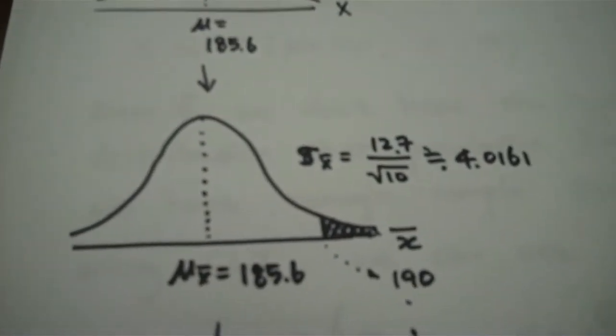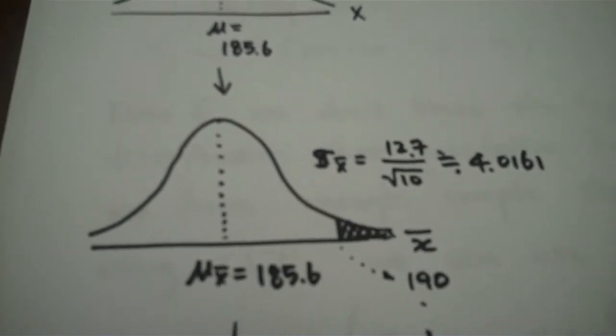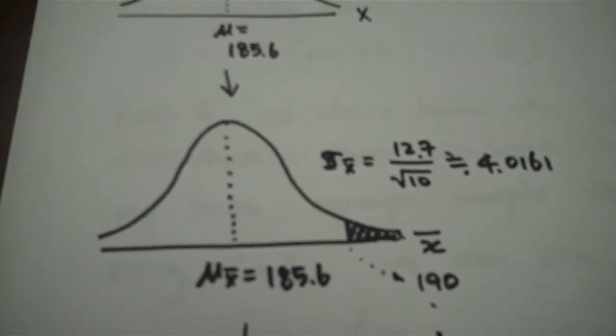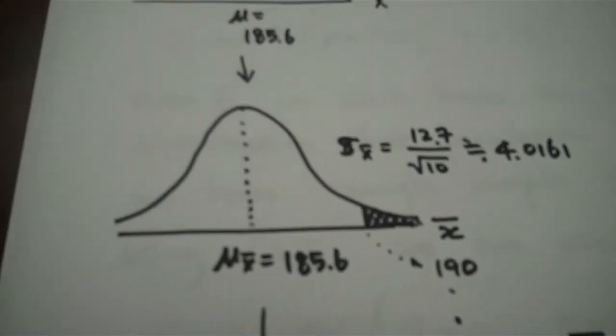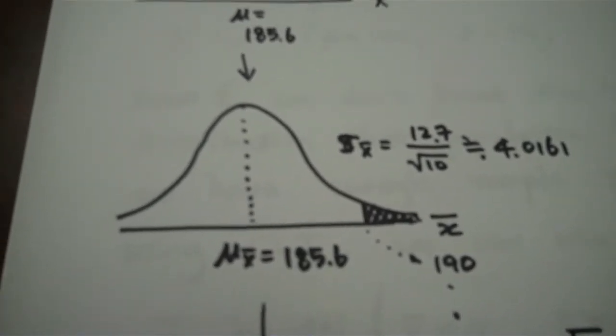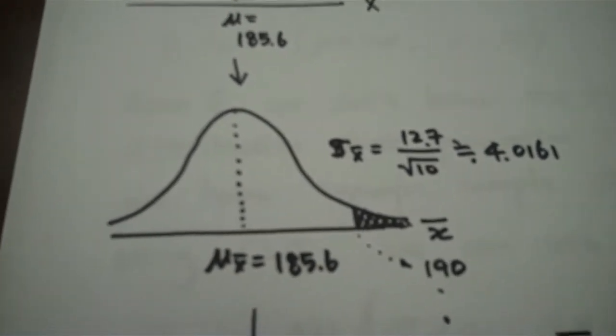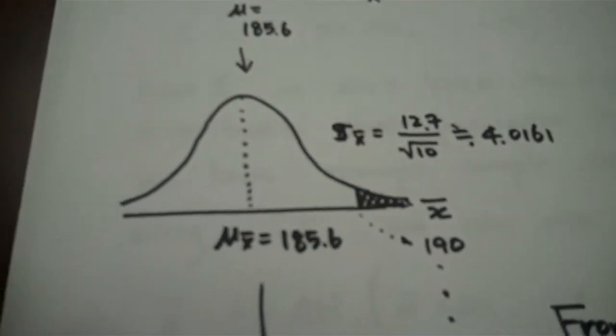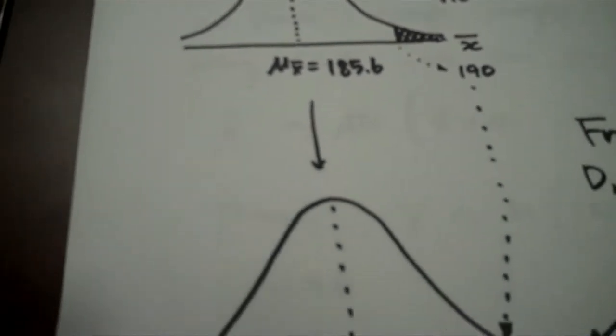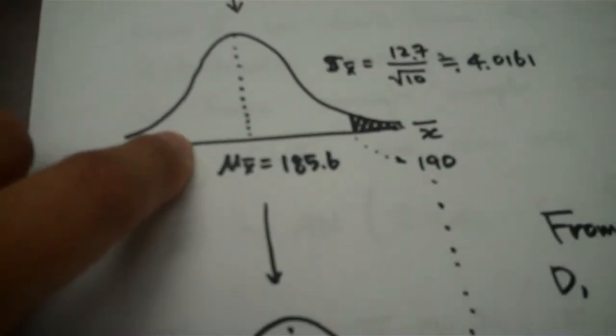Now the way of finding the probability is the same as the exercise for chapter 4. We have to find the standard normal distribution for that.